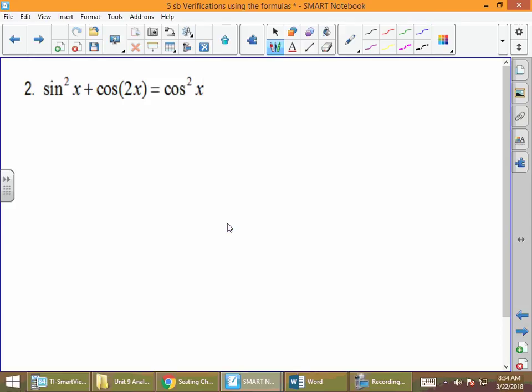Let's fill that in. So it's sine squared x plus, well, we looked on our pink paper, and it says it's cosine squared x minus sine squared x.